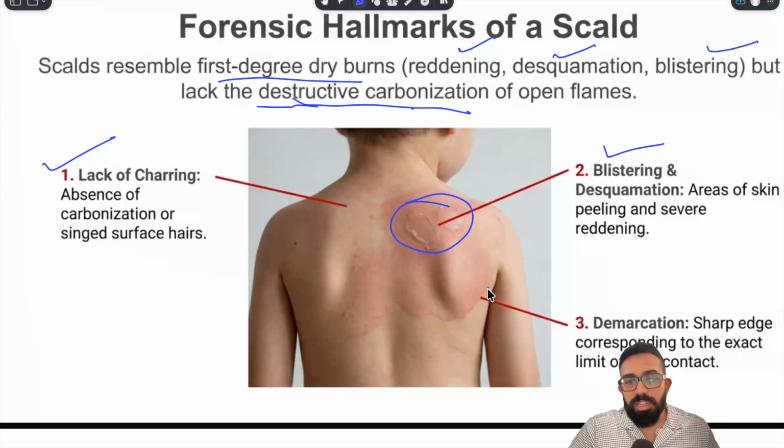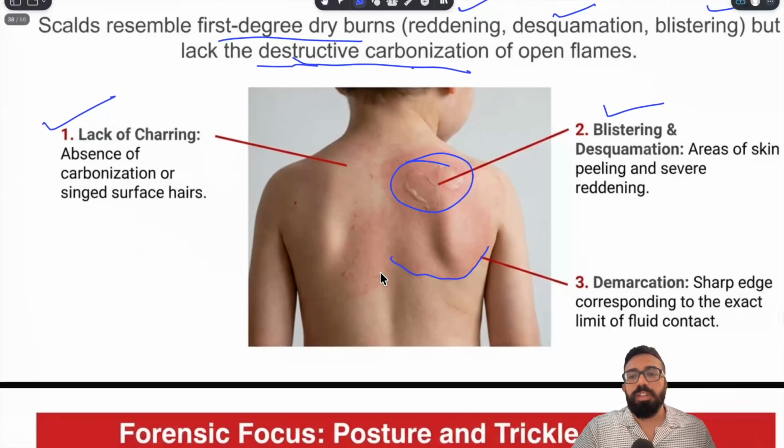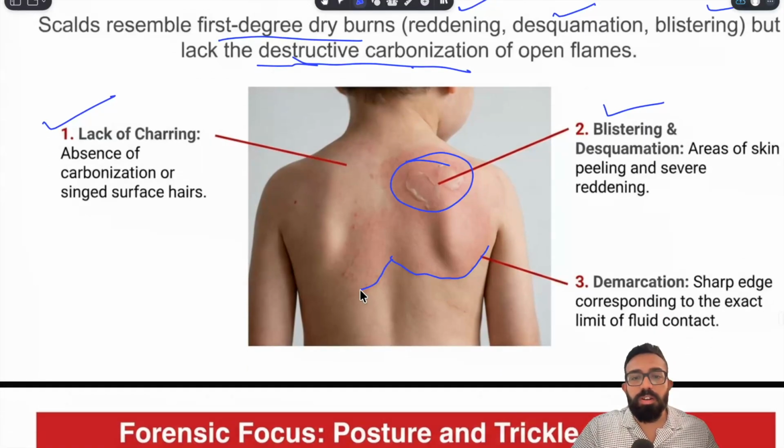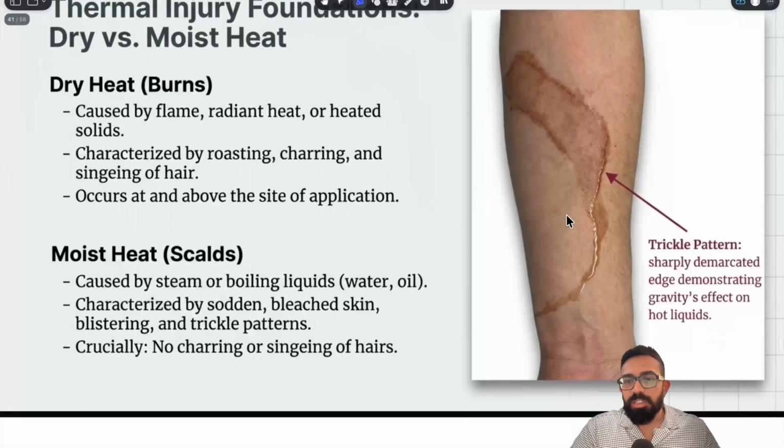There is always a demarcation line, and that demarcation line follows the fluid contact movement. It means that the fluid came till here and then the fluid did not move further. Again, here you can see the trickle pattern with the effect of gravity, the hot fluid traveling downwards.